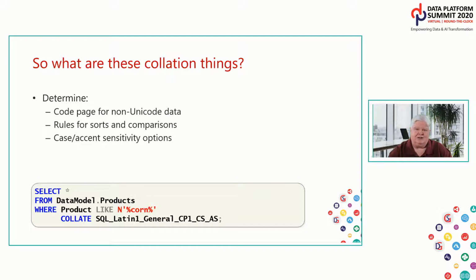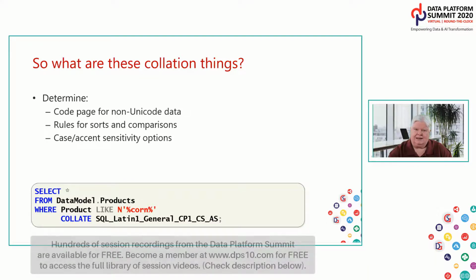A collation includes the code page if you don't have Unicode data. It gives you the rules that are used for sorting and comparing, and it gives you case and accent sensitivity options. If you look at the example below, it's got a collation there, and it says SQL_Latin1_General_CP1_CS_AS.